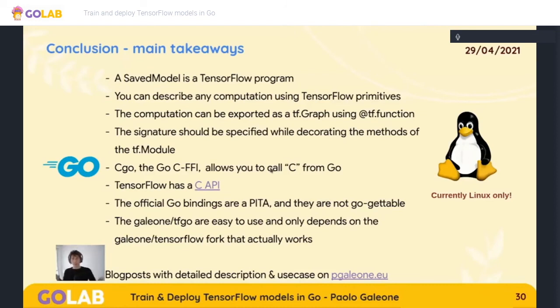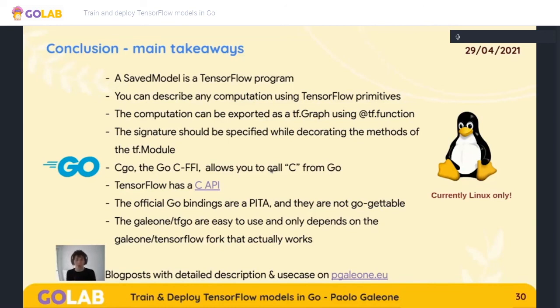So we reached the end of this presentation, and these are the main takeaways. A saved model is a TensorFlow program, and we can describe any computation using TensorFlow primitives. The computation can be exported as a TF graph only using tf.function. The signature should be specified while decorating the method of the TF model, of course.